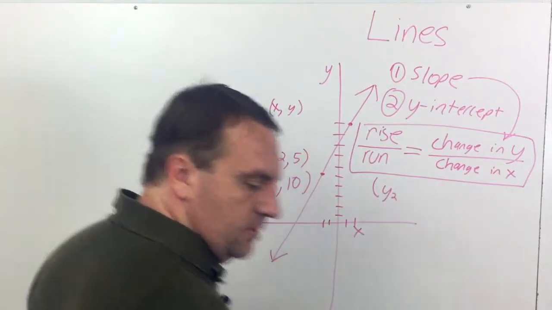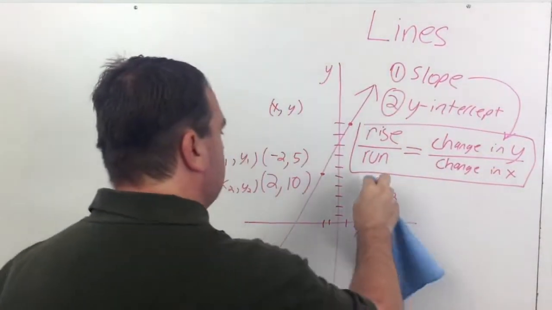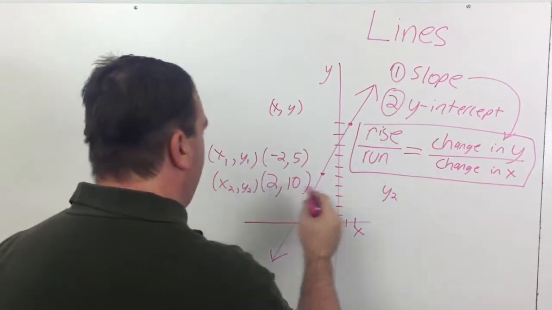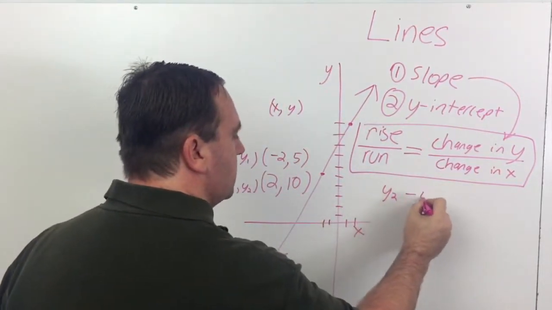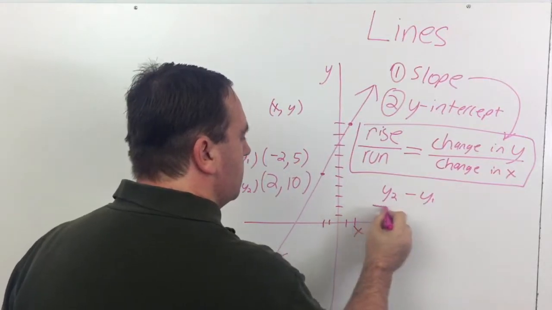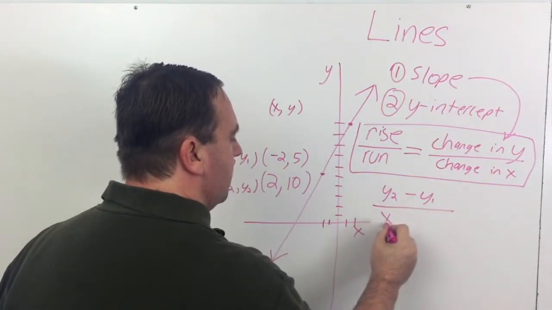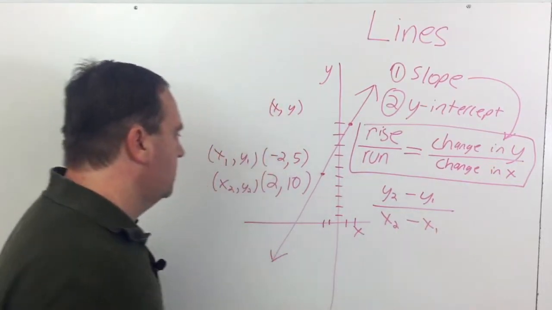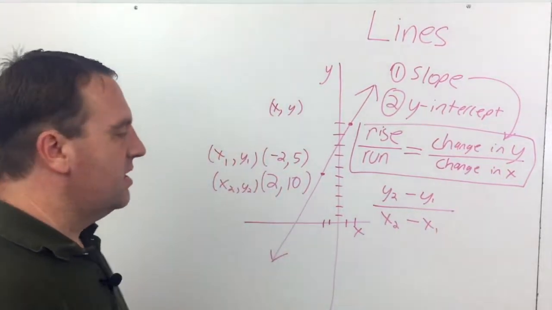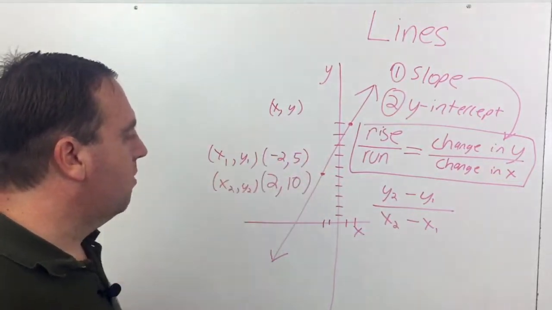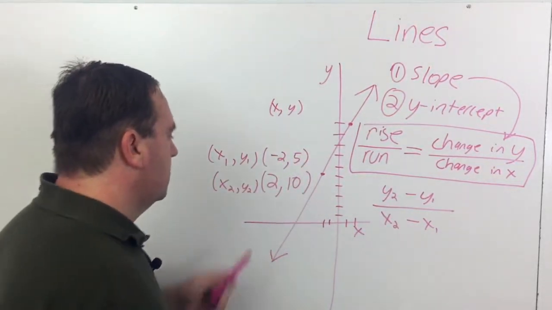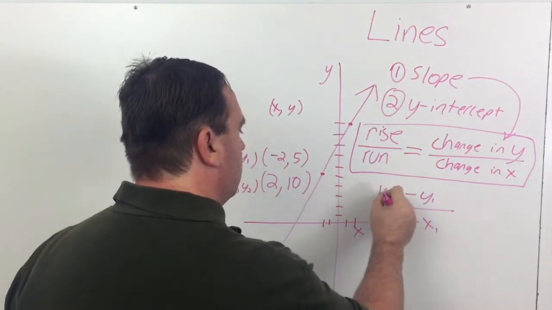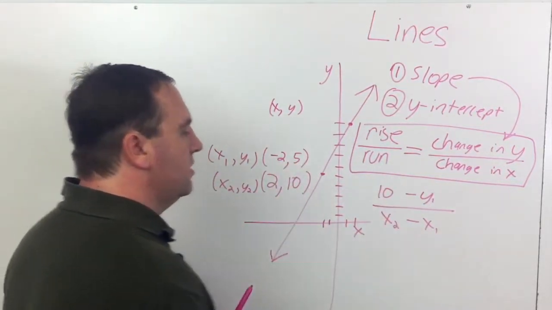So our change in y is going to be y2 minus y1 divided by x2 minus x1. And we can just get these from these 2 points. So what is y2? y2 is 10. What's y1? y1 is 5.